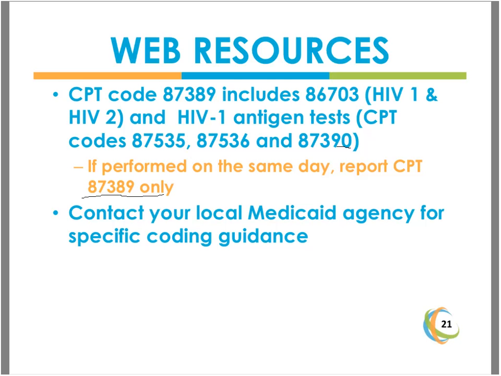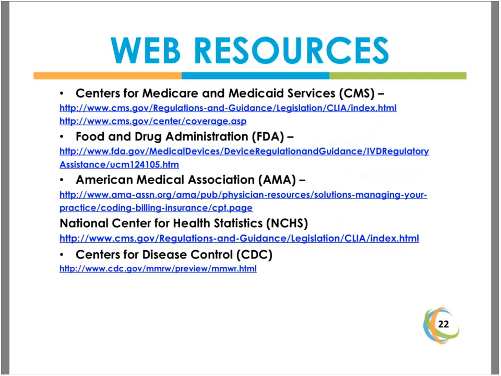The last couple of slides just provide you some additional resources that you can refer to for some additional coding tips and additional information to further guide you in selecting the correct code.